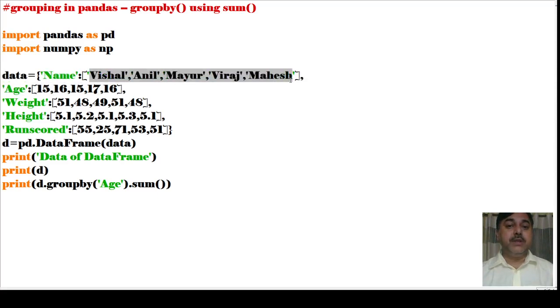After that I have given the age, then the weight, different types of weights. Then I have given a height and a round score.